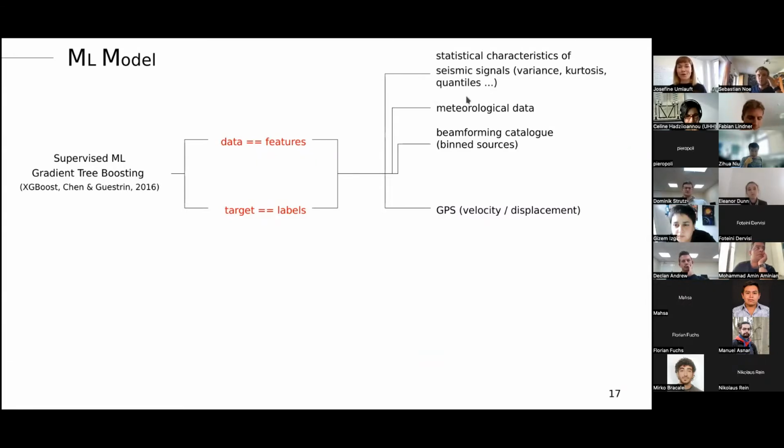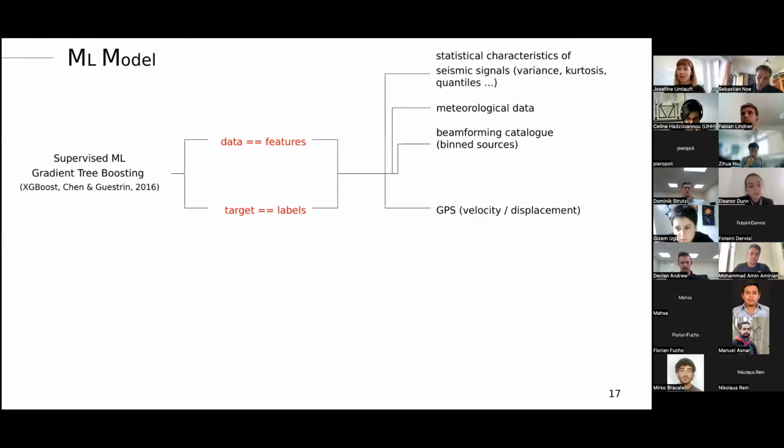We didn't do that for all 100 stations, as that would just blow up our feature space. We used 5 stations of the array with a high signal-to-noise ratio and a good distribution across the array. Then we also used some meteorological data, so temperature and precipitation, and also the water discharge.